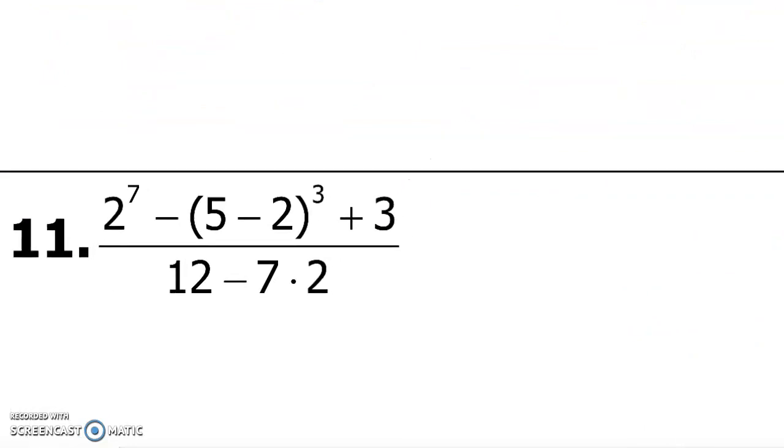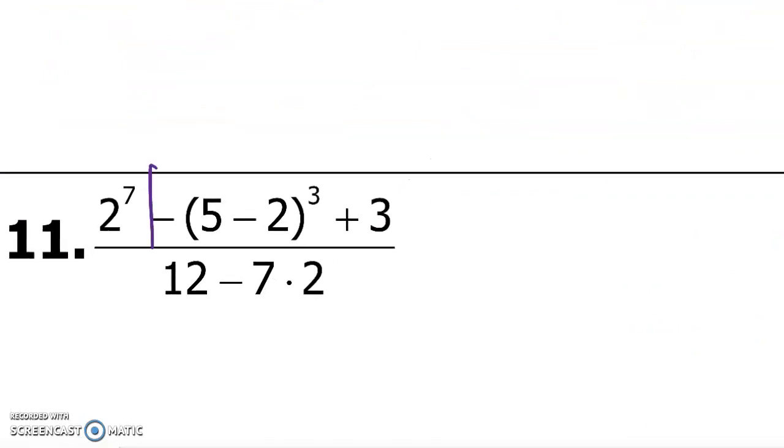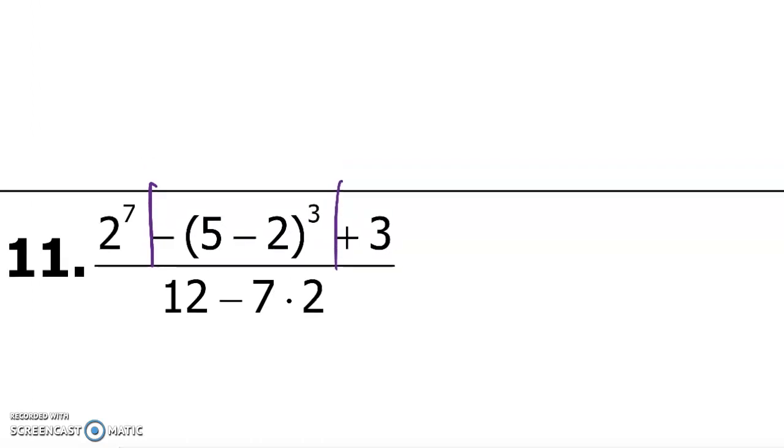Number 11 is the same thing. Now here I have 3 parts to the top. So 2 to the 7th is 128. Then I'm going to bring down my minus sign. Again, you do not do 2 to the 3rd. You have to get the number in the parentheses all down to one number. So 5 minus 2 is 3 to the 3rd power.